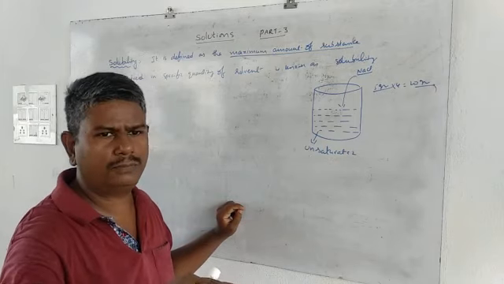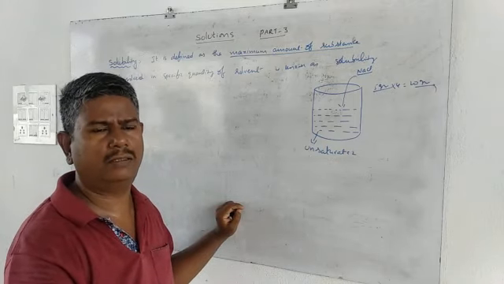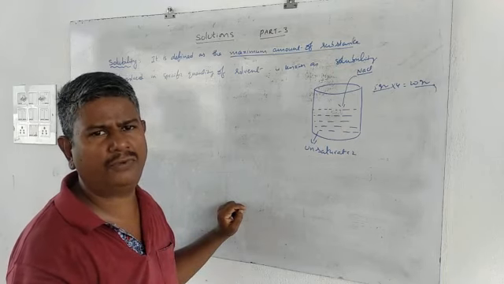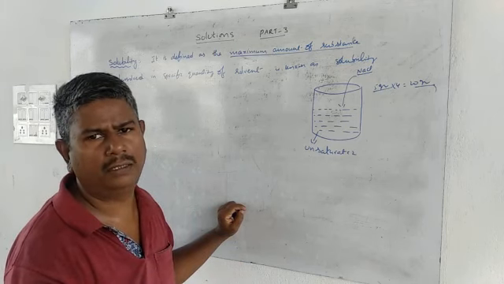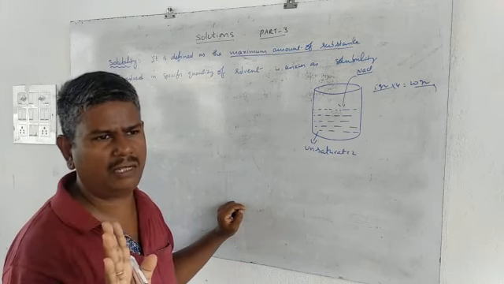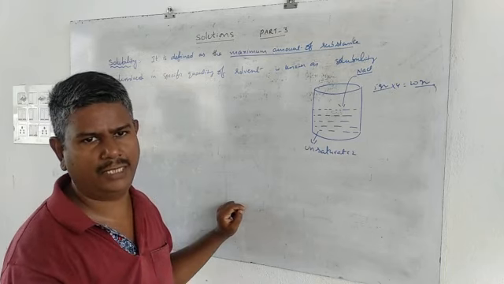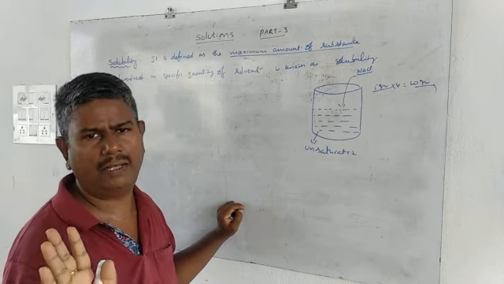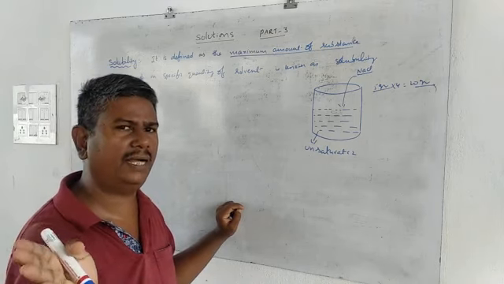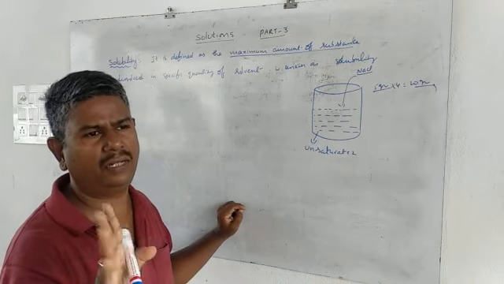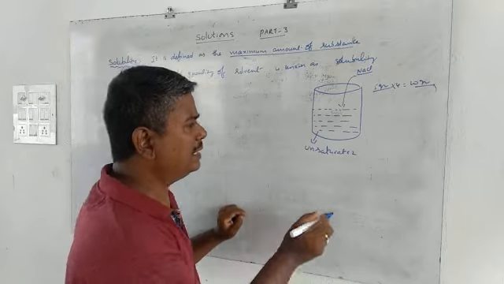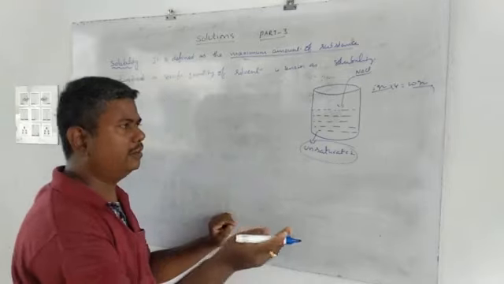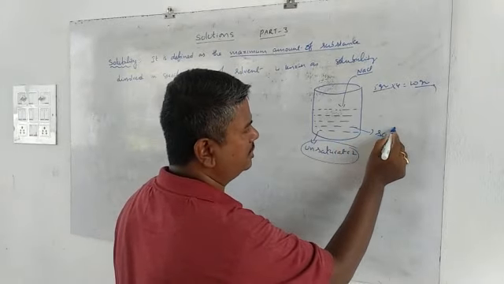For the third spoon also it dissolves, so it is unsaturated. After the fourth spoon, if you add a fifth spoon of sodium chloride, then what happened? It doesn't dissolve. That means the solution is saturated. Until the fifth spoon it is unsaturated; once the fifth spoon is added and does not dissolve, the solution gets saturated.